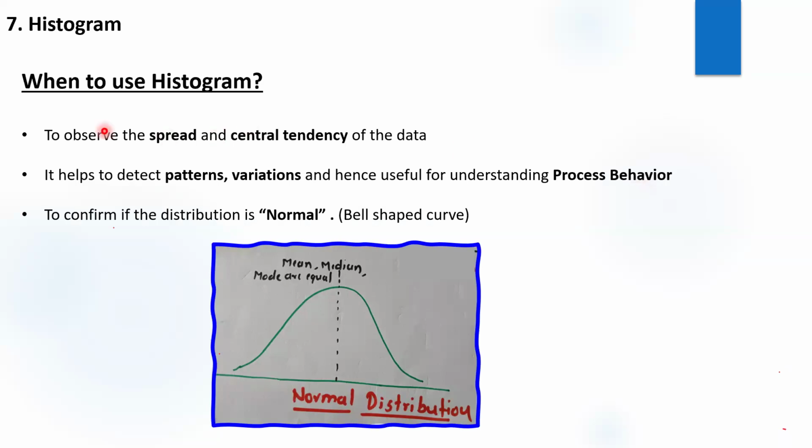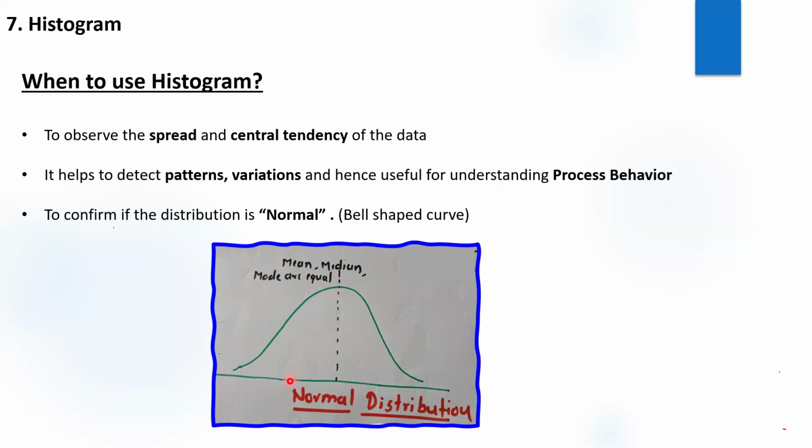When to use a histogram? When you need to observe the spread of the data, you can use the histogram. It helps to detect patterns and variation, and we can understand process behavior, how the process is behaving. If the spread is more, our points are going away from the mean.